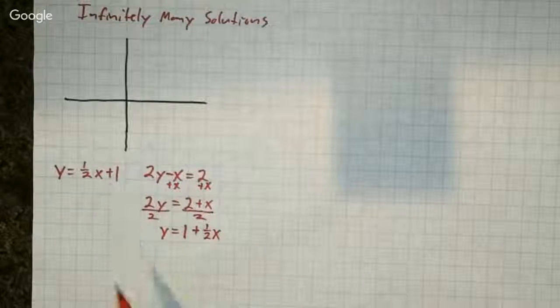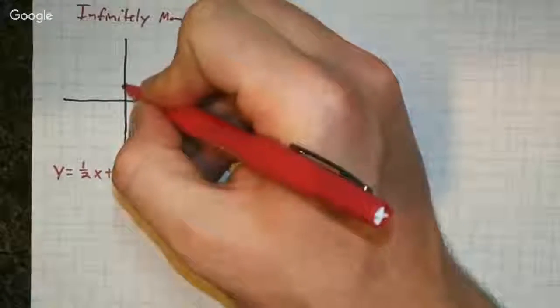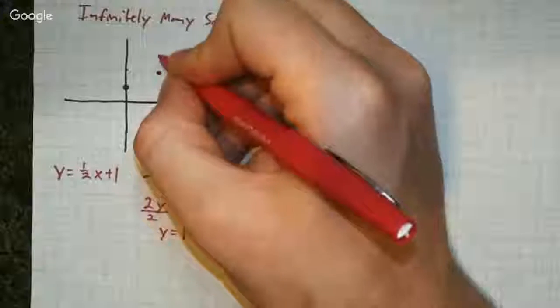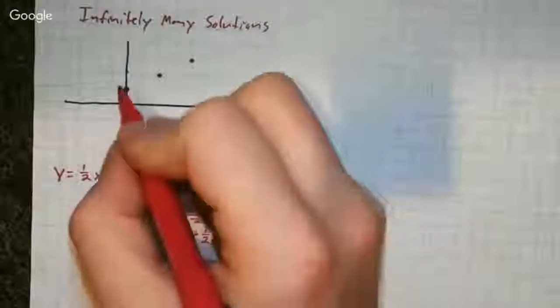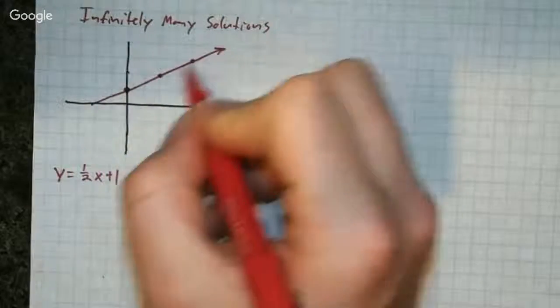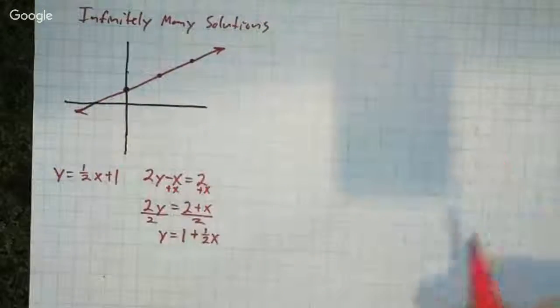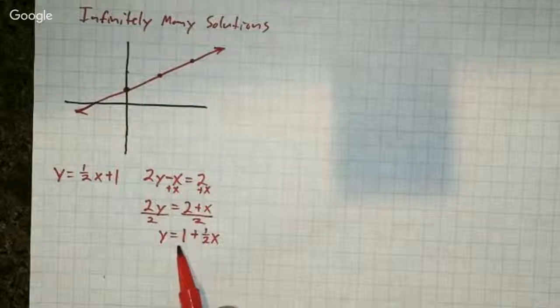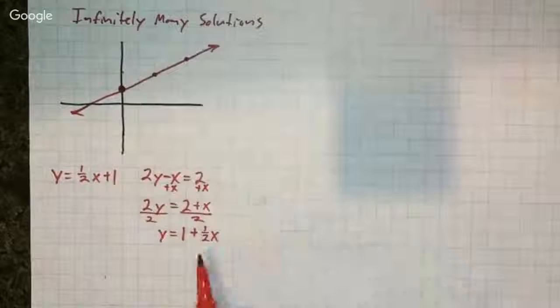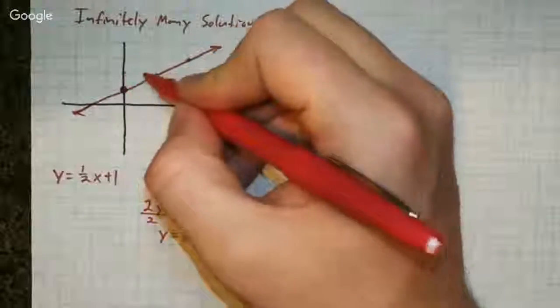So let's go ahead and graph this one. Our y-intercept is going to be 1, and our slope is up 1 over 2. Up 1 over 2. Now if we graph this one, the y-intercept is 1, and the slope is up 1 over 2.